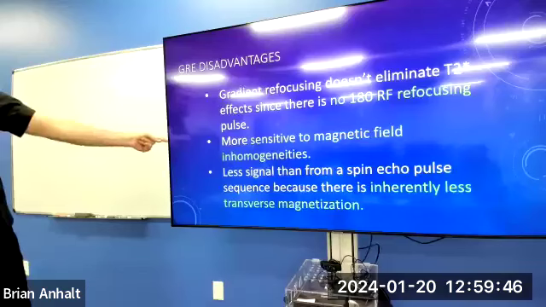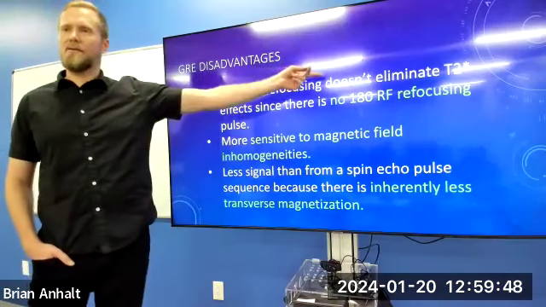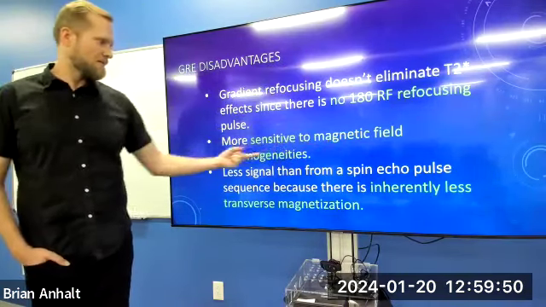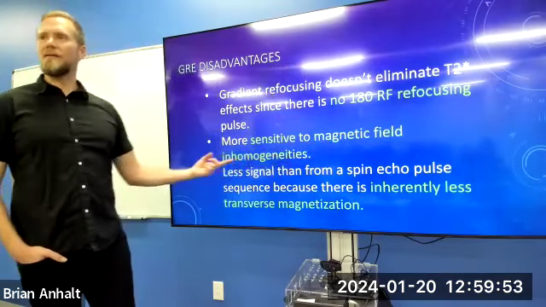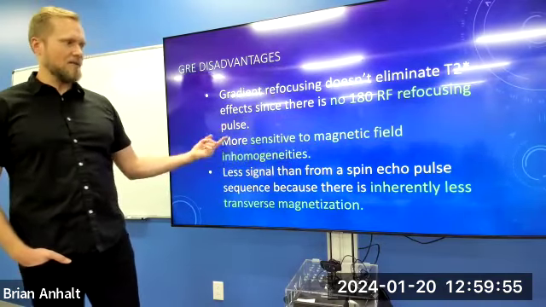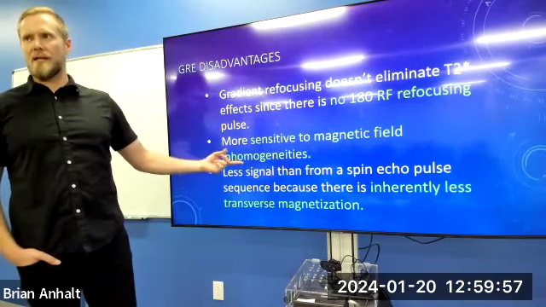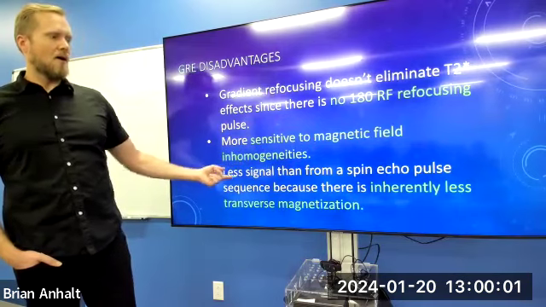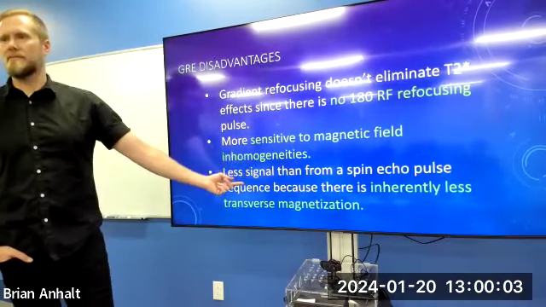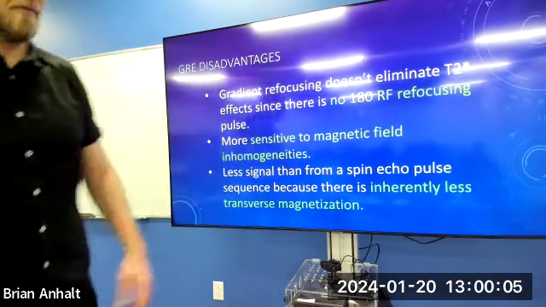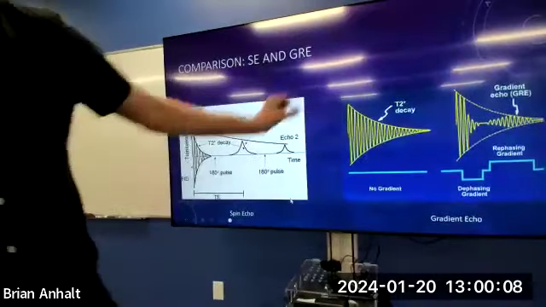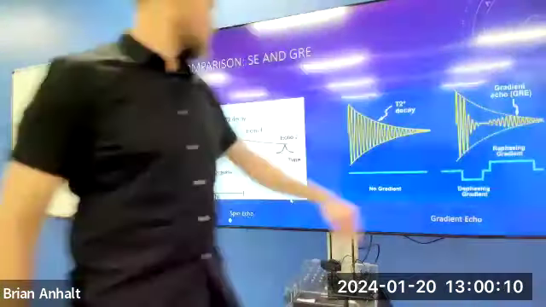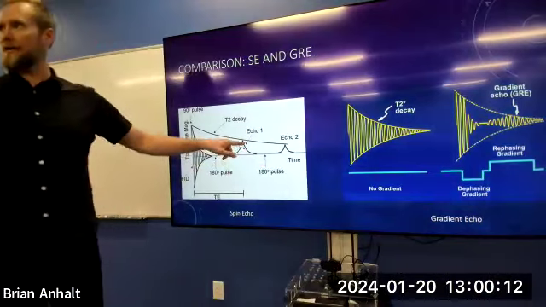Because of that, we know that T2 star is dephasing due to what? Inhomogeneities, right? These sequences are much more sensitive to field inhomogeneities and susceptibilities. Also, there's much less signal. As you can see, if we look back here, these echoes have much less amplitude than a spin echo does, right?